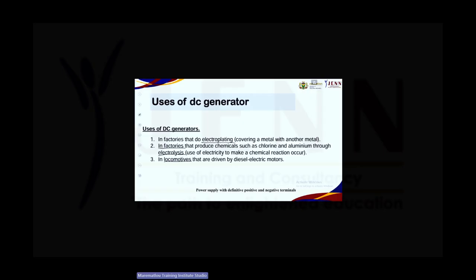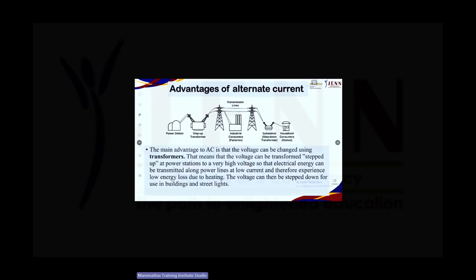Then if we look at our alternating current, then the advantage of a current that alternates is that it is easy because it goes from the maximum on the one side to the maximum on the other side.